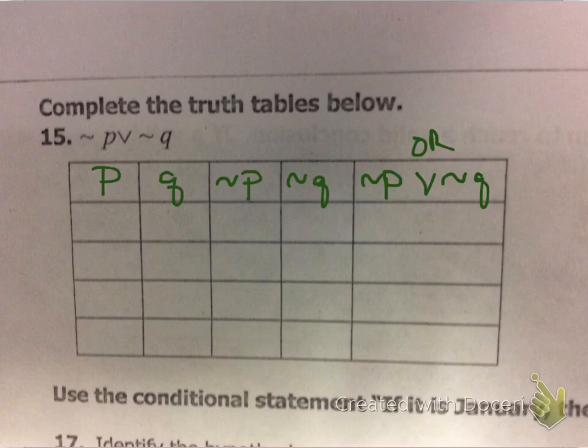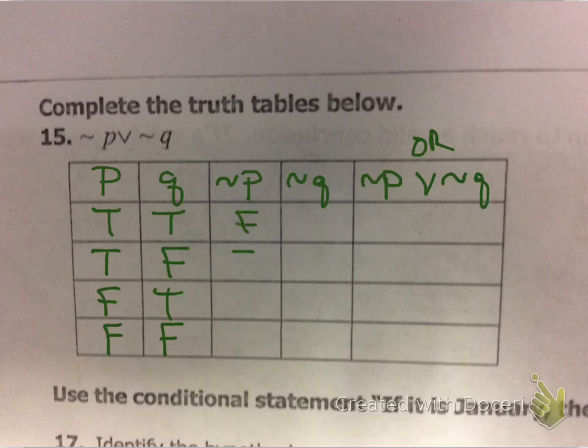Okay, so how does this work? I either have true, true, true, false, false, true, false, false. And then again, remember, the nots are just the opposite of that. So false, false, true, true.